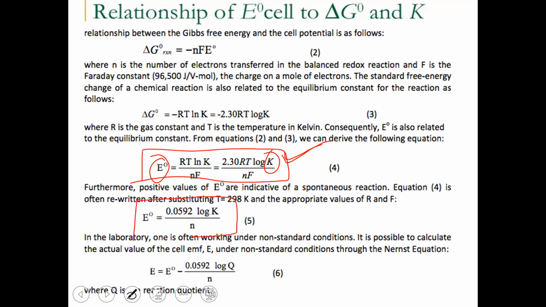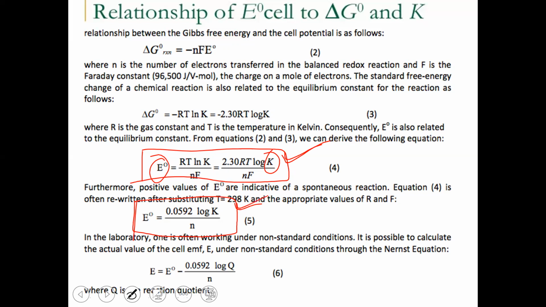So here it is the simplified equation after substituting the values of R, F, and T. That is E naught is equal to 0.0592 log K by n.